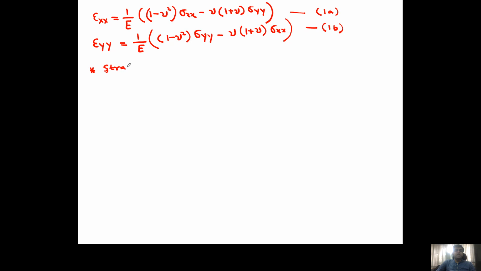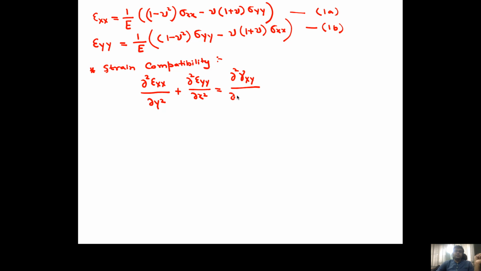Similar to what you saw in case of plane stress, in plane strain also there is a single compatibility equation, which is del 2 epsilon xx del y2 plus del 2 epsilon yy del x2 is equal to del 2 gamma xy del x del y, and this I am calling equation 2.